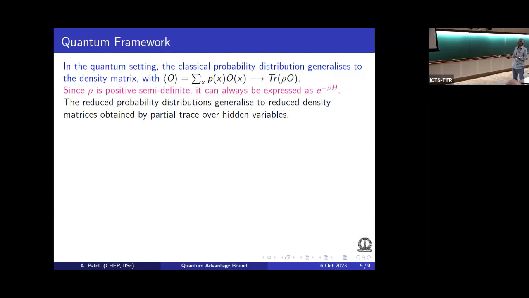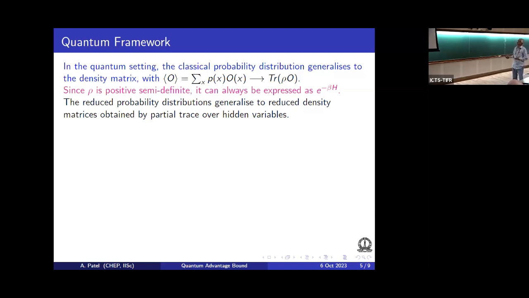It's easily done in the language of the density matrix, that any expectation value, which is an average over some probability distribution of some observable, can be written as trace of rho times O. Density matrix is a generalization of P of X, so there are only, say, n components over here. This will become an n times n matrix, so it has n squared degrees of freedom.